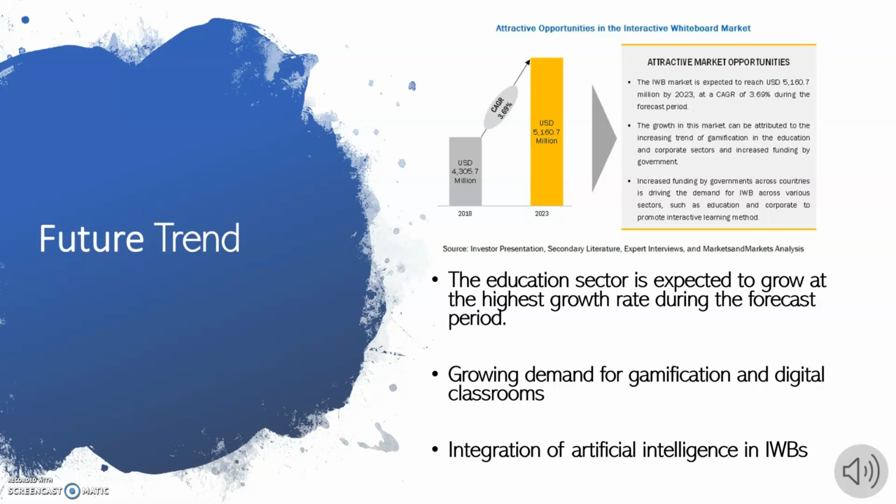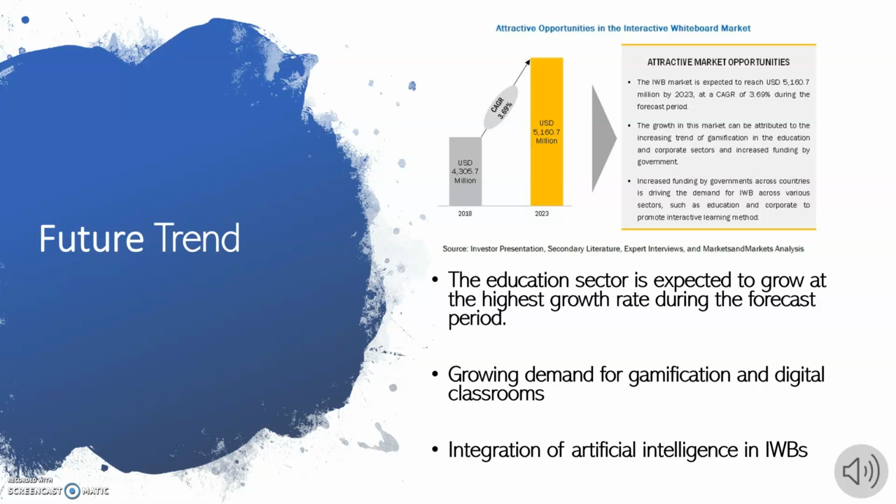Researchers associated with different companies are focusing on integrating new technologies in conventional interactive whiteboards to make them user-friendly and interactive. Artificial intelligence is one of those technologies that's being discussed, which provides huge opportunities for the smartboard technology market to grow.